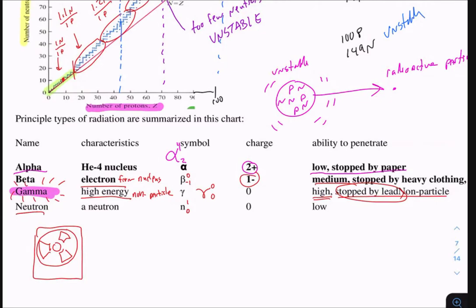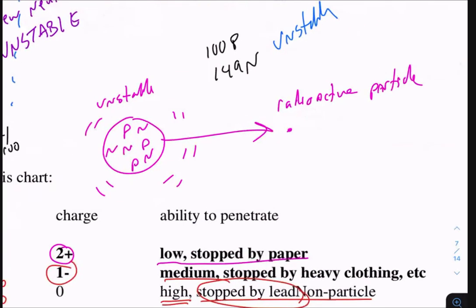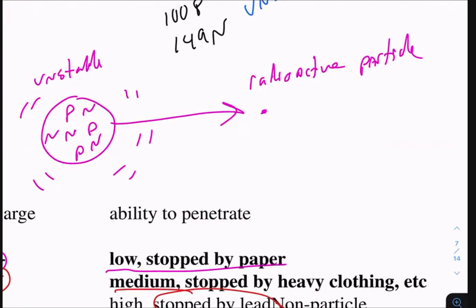Okay? All right. So going back to this crude picture I drew over here, when you have an unstable nucleus, particles get emitted. Now, depending on what that particle is, the nucleus is going to change. So if it was an alpha particle, then it would be made up of 2 protons and 2 neutrons.